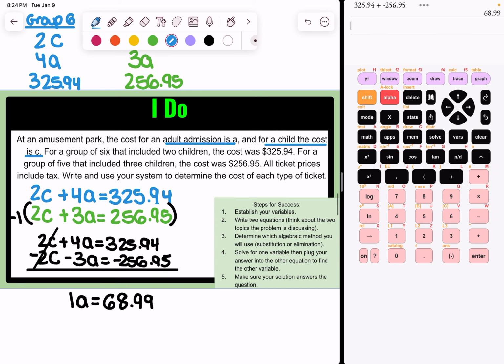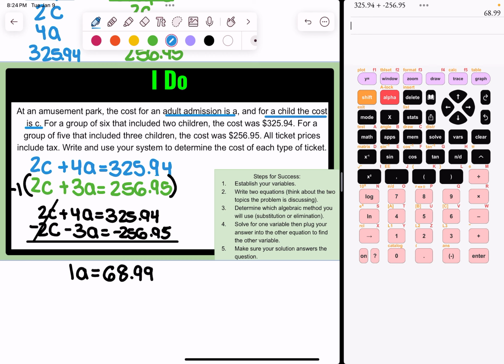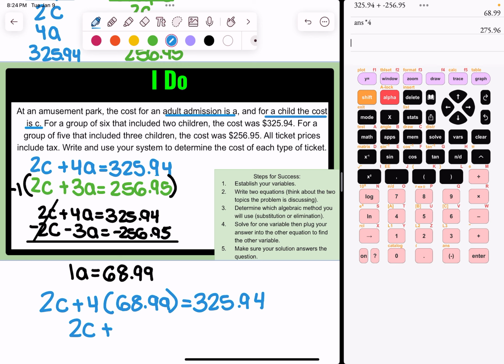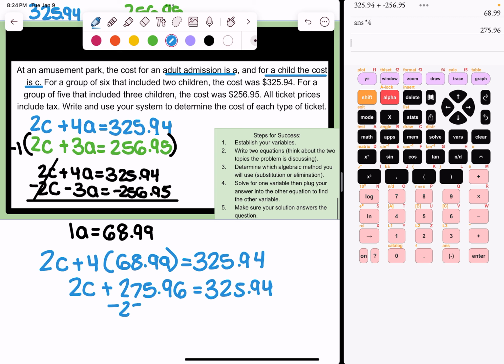Now let's try to find out how much the children tickets cost. I'll use the first equation. 2C plus 4, instead of A, I'm going to put 68.99, equals $325.94. So 2C plus 4 times 68.99, which gets me $275.96, equals $325.94. Let's subtract the $275.96.